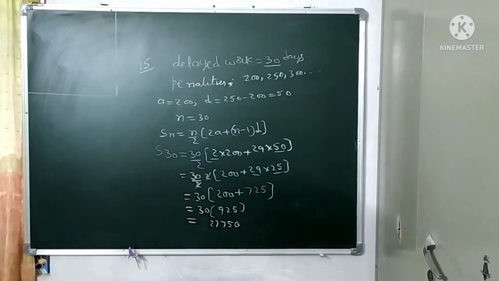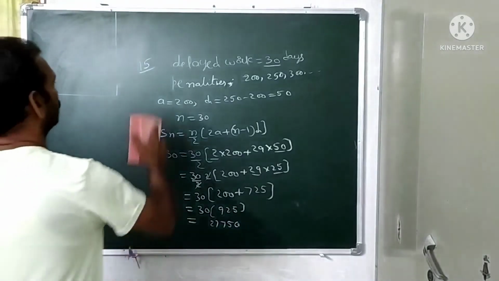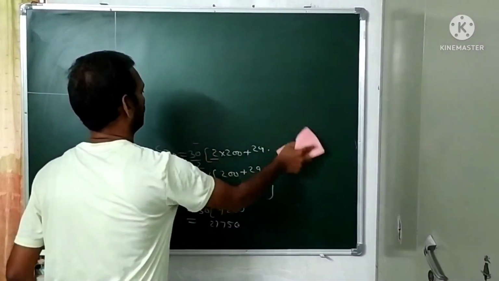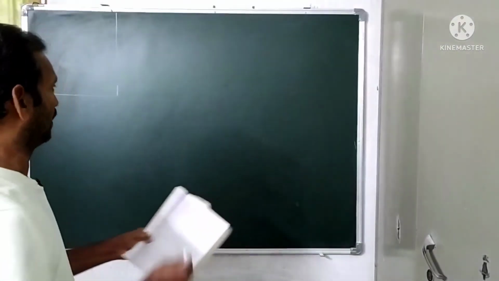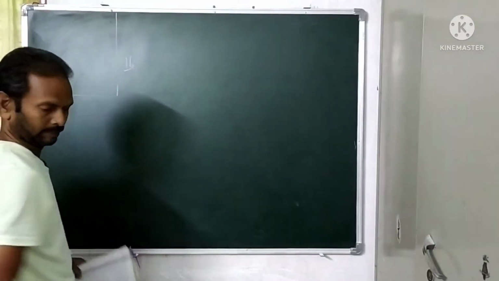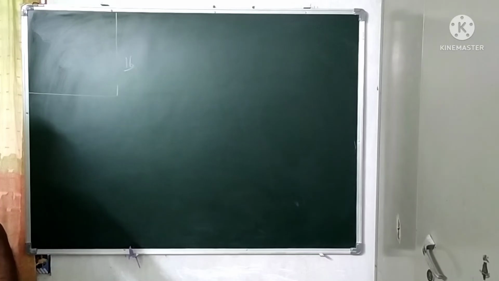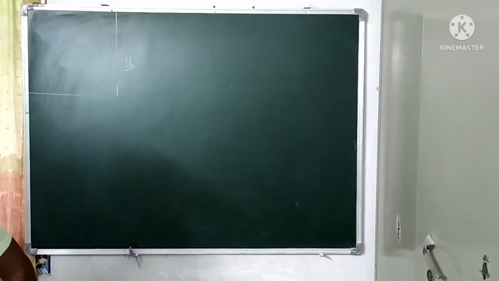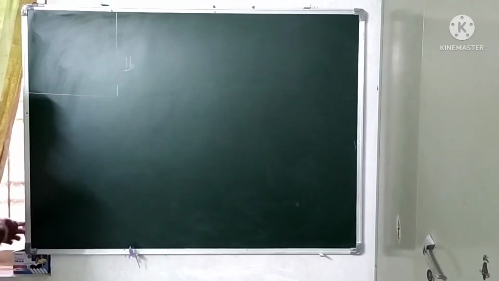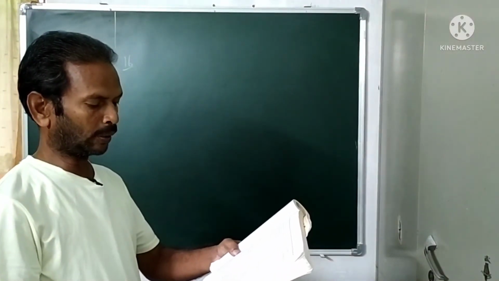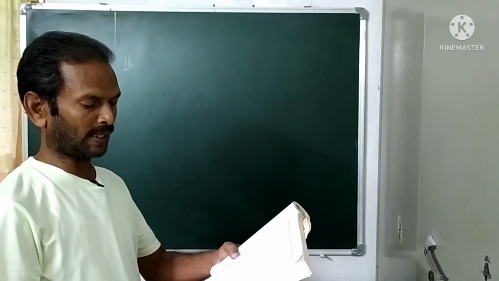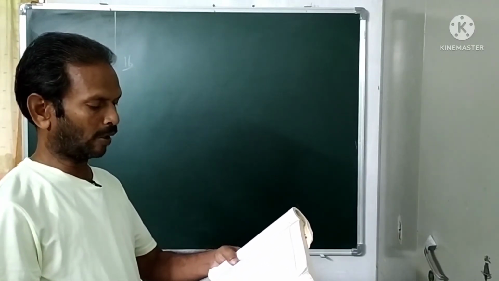The 16th problem is next. A sum of rupees 700 is to be used to give 7 cash prizes to students of a school for their overall academic performance.